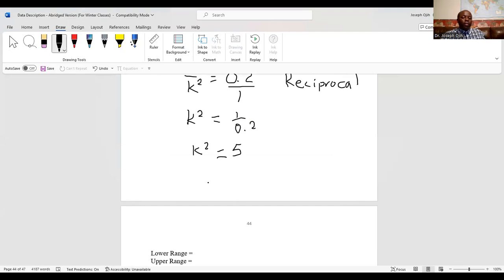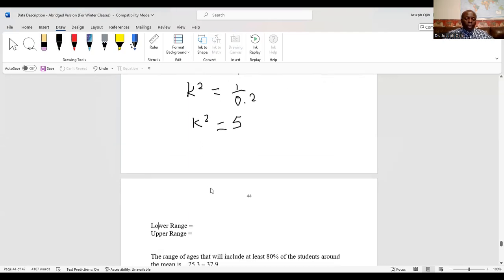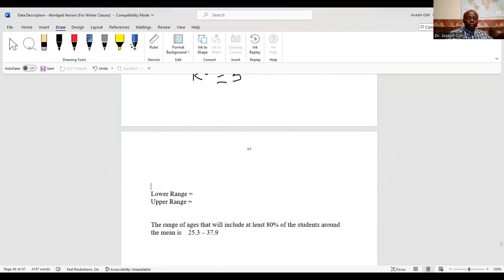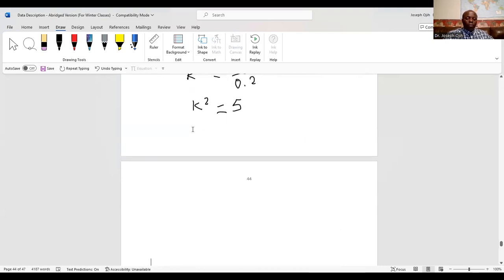Now, to find k, let me write it down here again so I can show you. You can help me solve this. What I wrote here was that k squared equals 5. Now to find k, we find the square root of both sides.